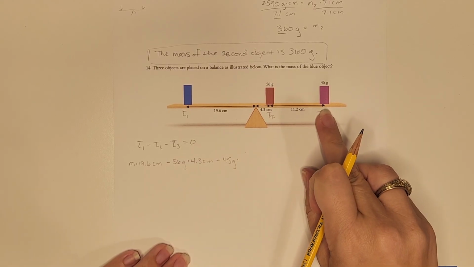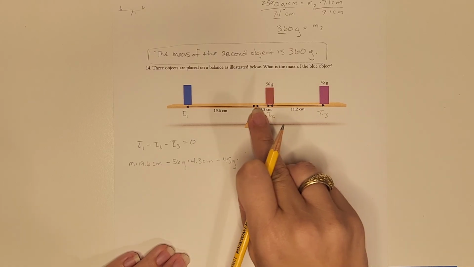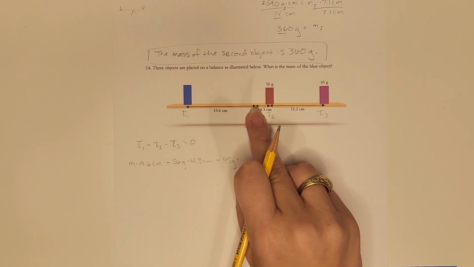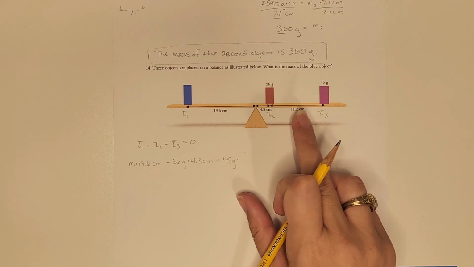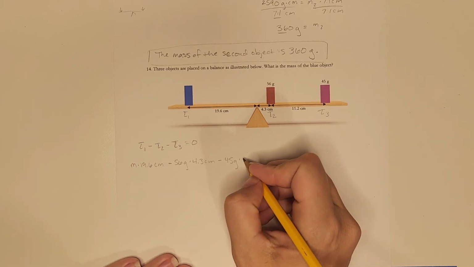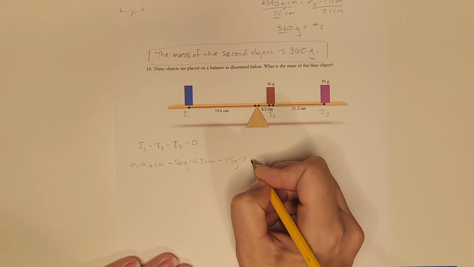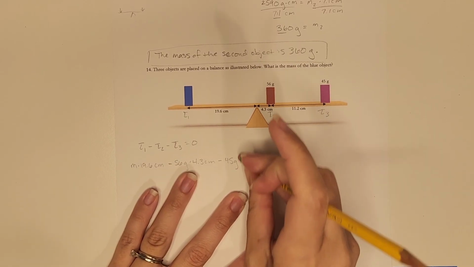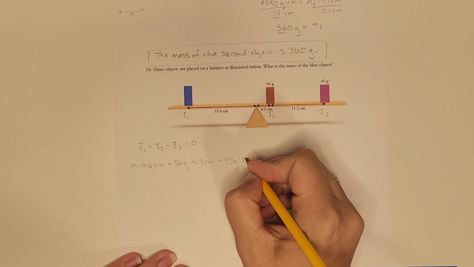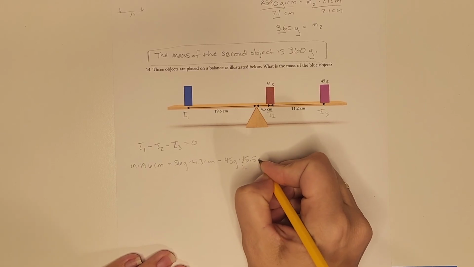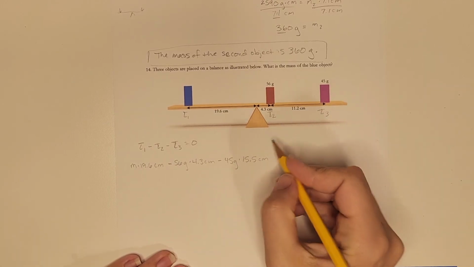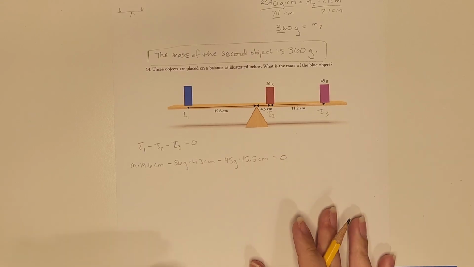We need to make sure that we are taking it all the way to the axis of rotation, okay? So it's going to be 11.2 centimeters plus 4.3 centimeters, which equals 15.5 centimeters. And all of that equals 0.